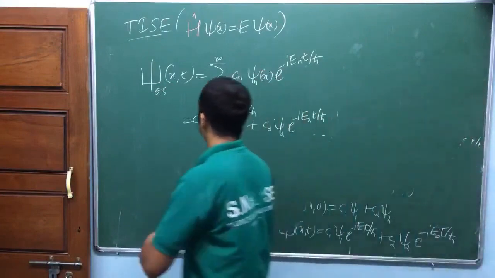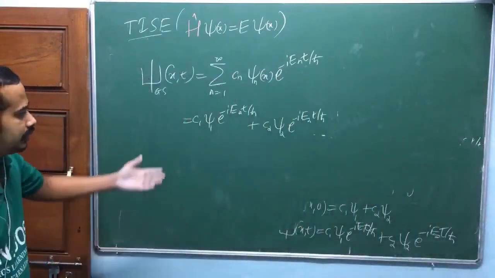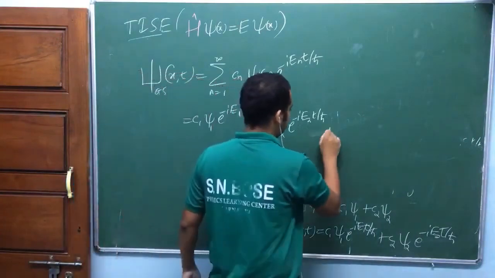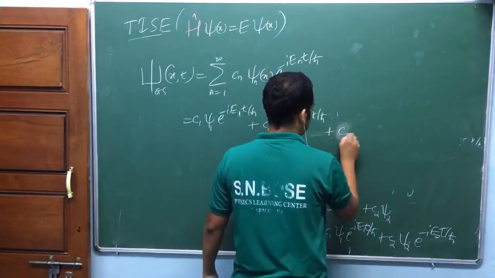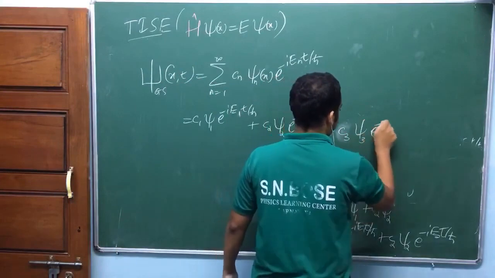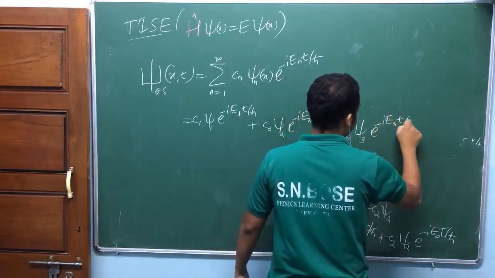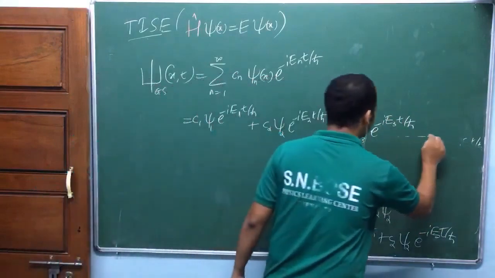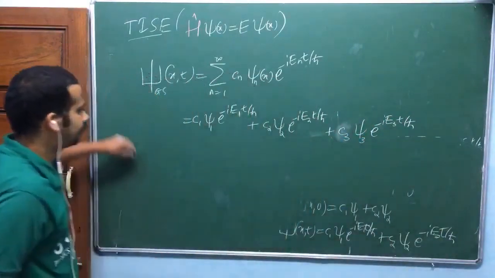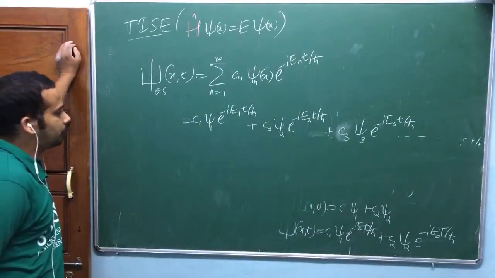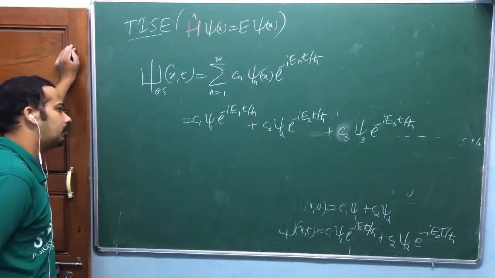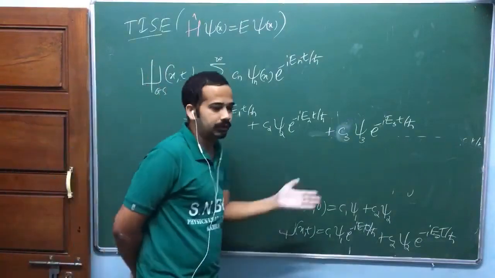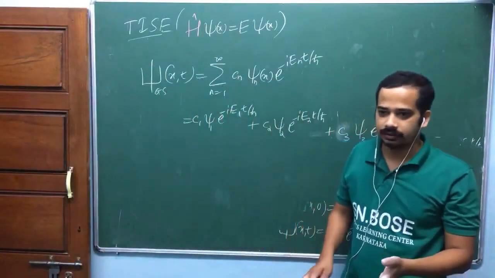Is that okay? Now, if you do a measurement, whether you get E1, E2, the question here is, if you do an energy measurement, what is the outcome? The outcome is, look at here, either E1 or E2 or E3.